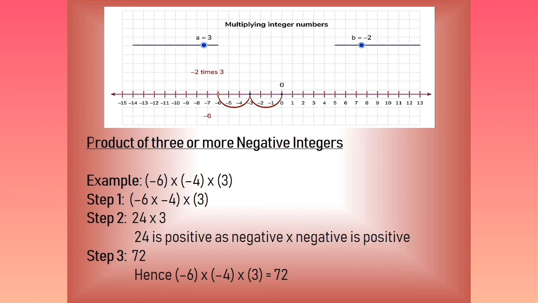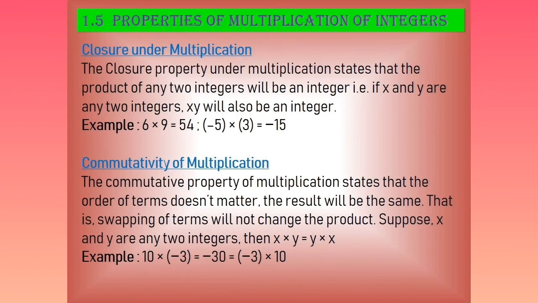Under step 2, we get the answer as 24, which we multiply with the third integer 3. 24 is positive, as negative times negative is positive. Under step 3, we get the answer as 72. Hence, -6 × -4 × 3 = 72.